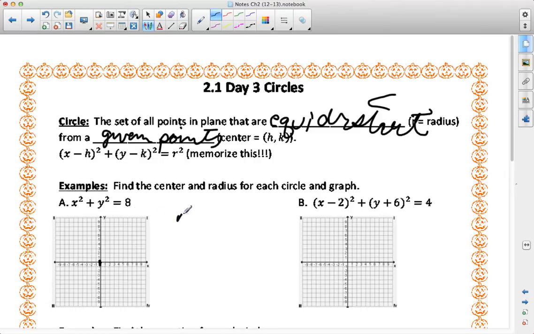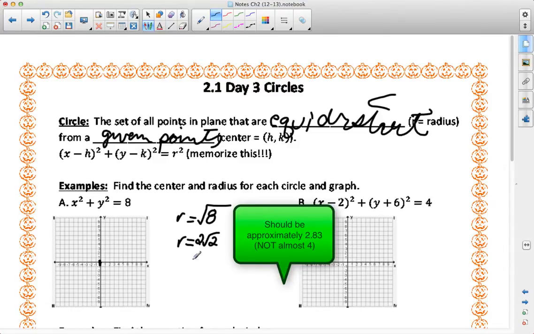We're dealing with distances, right, length, so we don't have to worry about that plus or minus like we do when we're solving. That's going to be 2 root 2, which is approximately, what is that? It's roughly 4 and change.